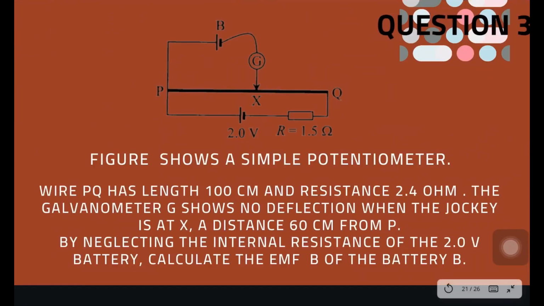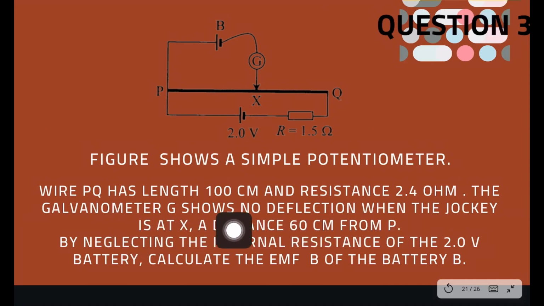So we move to the last question, where the question is about a potentiometer. We have a simple potentiometer where wire PQ has a length of 100 cm and resistance of 2.4 ohm.